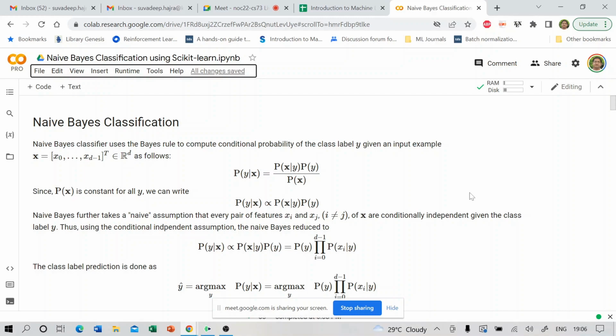Can anyone give some examples of this probability of x given y? Suppose we have single dimensional data, x is just one dimensional and it's a real number. Can you tell me what kind of probability distribution we can assume for that x?